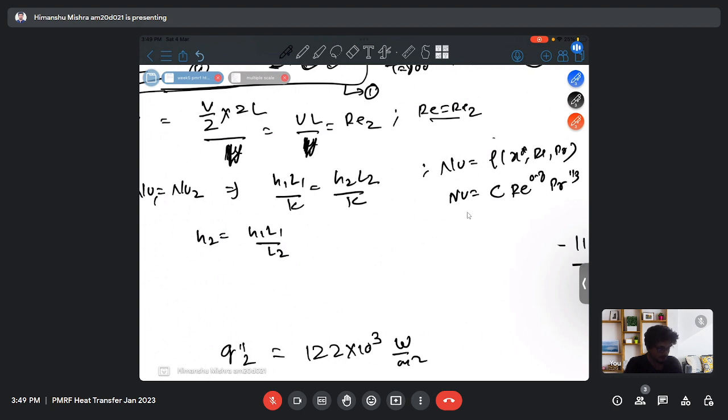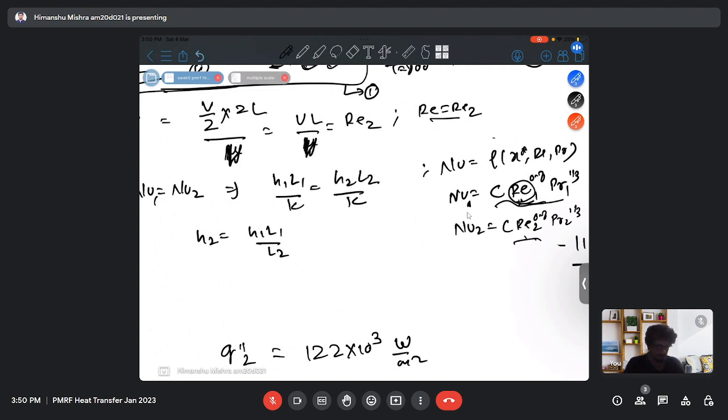In that case, you need to use this equation, and you need to equate this equation to the, let me say this is 1 and this is 2. So you need to equate these two equations in order to find the variables or the Nusselt number itself. Because your Reynolds number is changed, it will be different in both the cases.